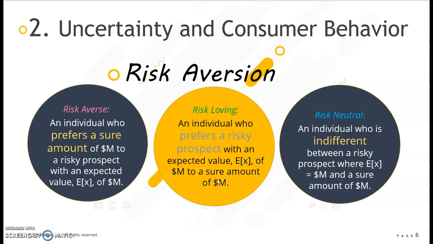And the last one is risk neutral: an individual who is indifferent between a risky prospect whose mean is equal to $M and a sure amount of $M. So the risk neutral lies between risk averse and risk loving.